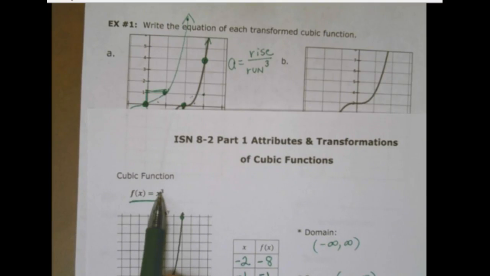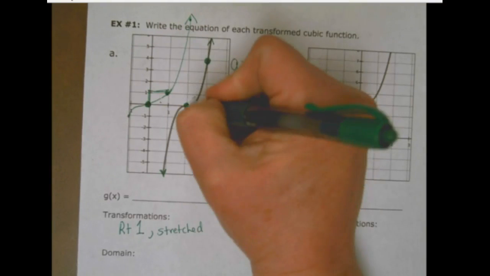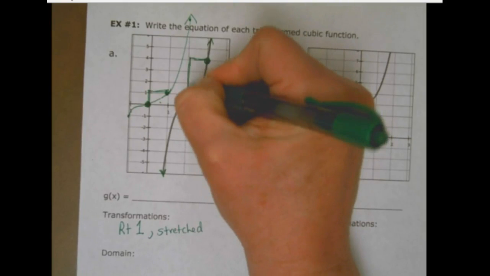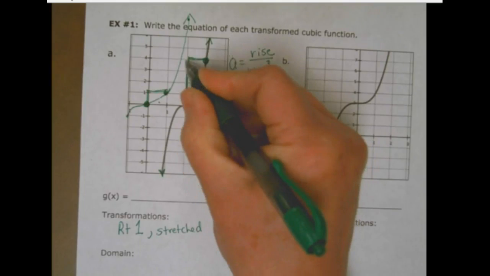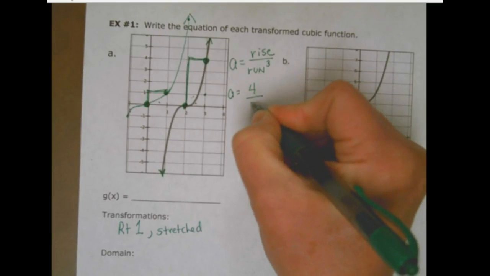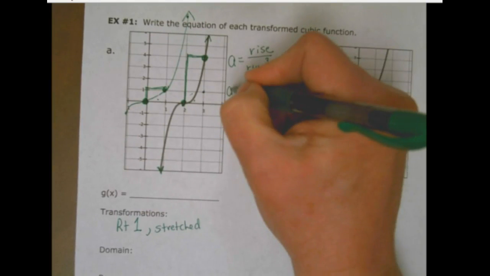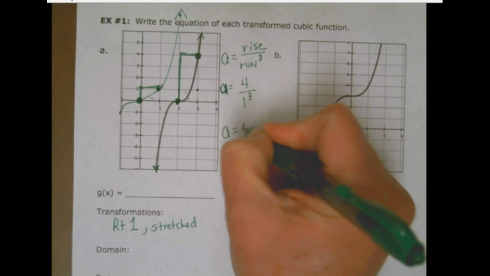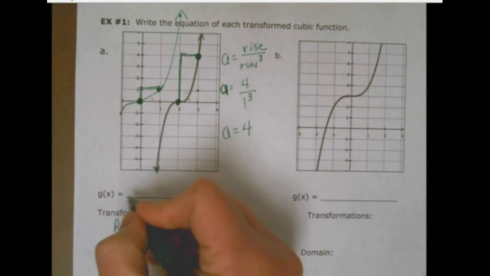It came from the parent graph. So, rise over run to the third power. So the A is going to be 4 over 1 to the third power. What is that equal to? Just 4. 4 over 1, but we'd reduce that to 4.